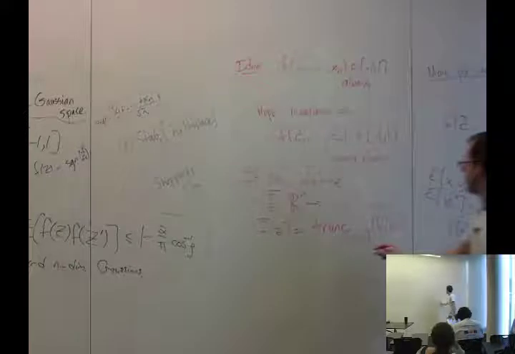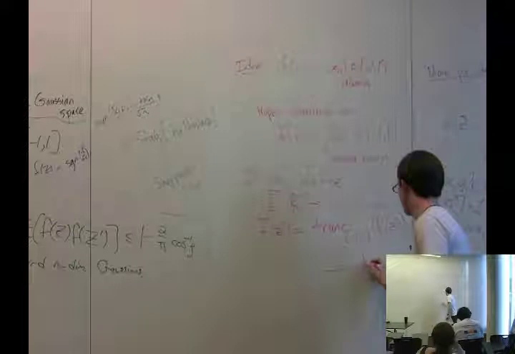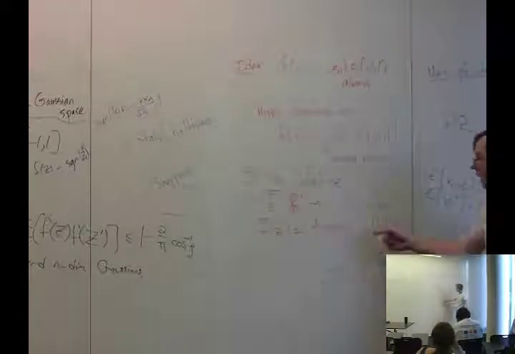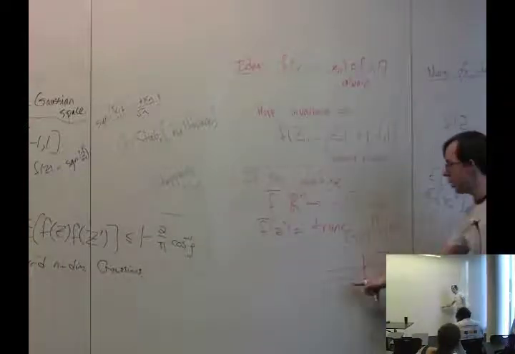This is a little function I invented. Hopefully you'll know what it means by the name. It's the function that looks like this: 1, minus 1, 1, minus 1. If you give it an input between minus 1 and 1, it just gives that input back. Otherwise, if it's bigger than 1, it truncates it down to 1. If the input is smaller than minus 1, it truncates it up to minus 1.